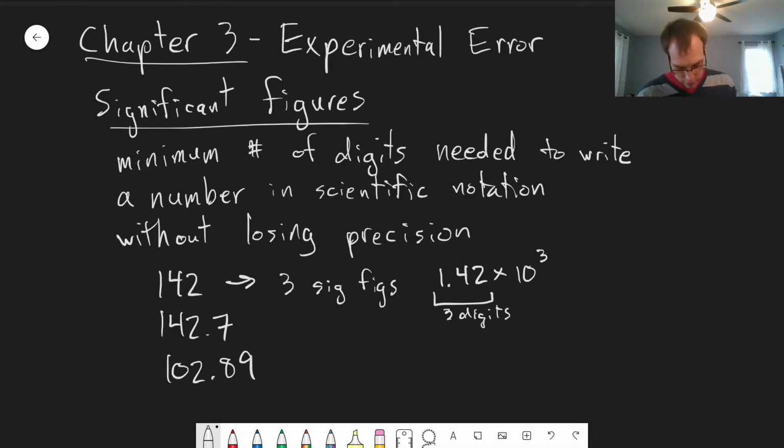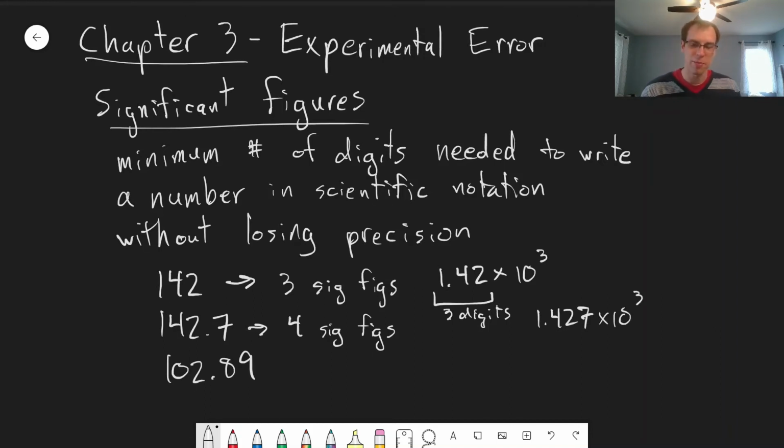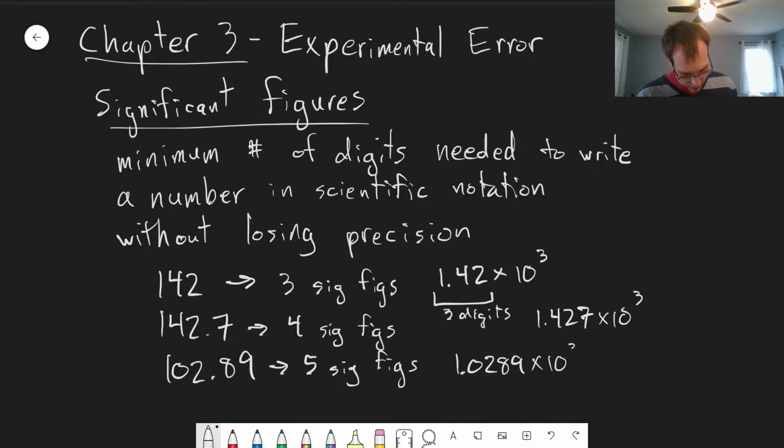All right, the next one has 4 sig figs because we have now 4 digits that matter. So we have 1.427 times 10 to the 3. So now we have that extra decimal place in the tenths place. And 102.89 has 5 sig figs, because again, if we write this in scientific notation, we have 1.0289, still all times 10 to the 3, but we need 5 digits to be able to write that out.